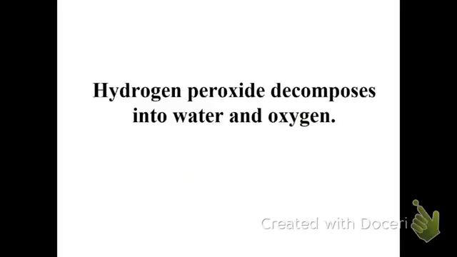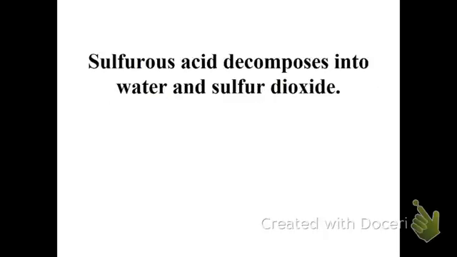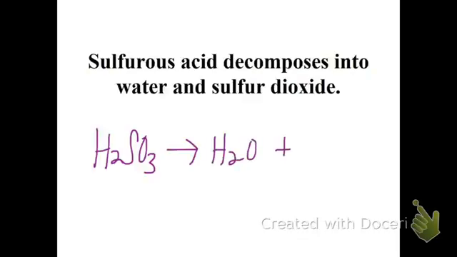So the way you recognize decomposition is you're always just going to have one reactant. Sulfurous acid. Who knows the formula for sulfurous acid? H2SO3. I knew what you meant. That's going to break down into water and sulfur dioxide. Okay? And it's already balanced.